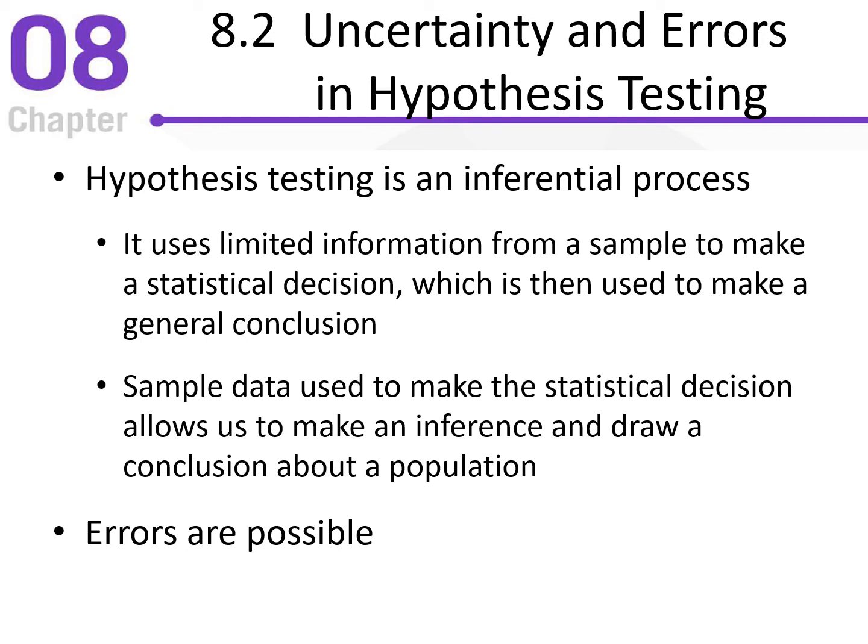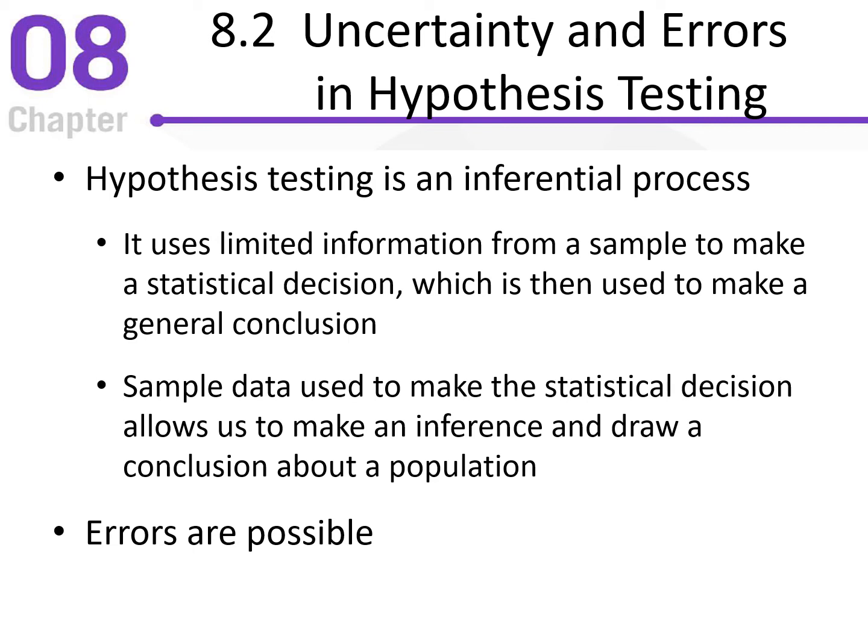There are errors though. Sometimes you reject the null hypothesis, and in reality, you made a mistake. So sometimes you reject the null hypothesis, and in the population, the null hypothesis is true. And sometimes you fail to reject the null hypothesis, but in the population, the null hypothesis is false. So those are mistakes.